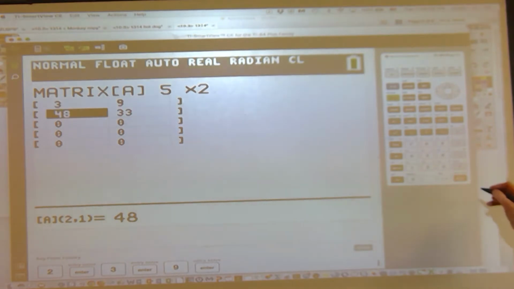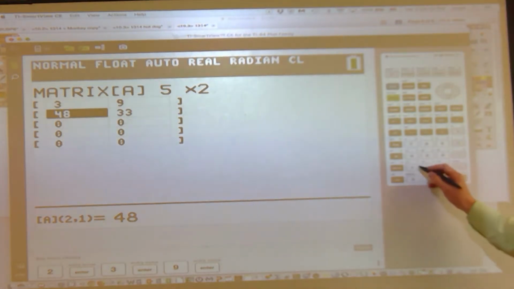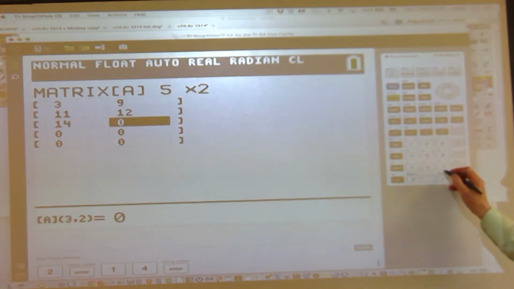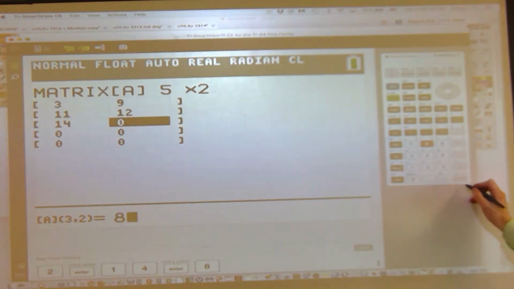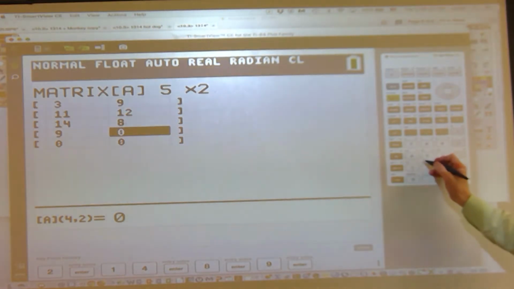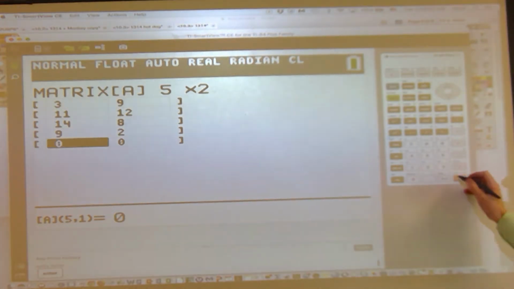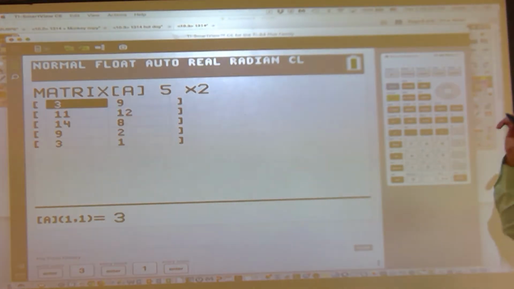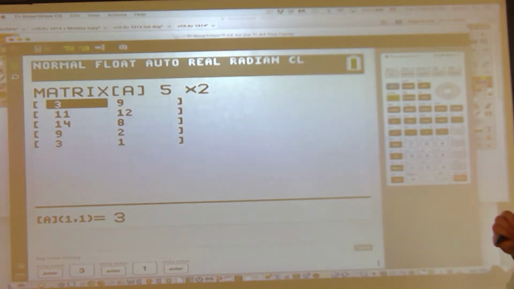Okay, so the A's are 3 and 9. 11, 12, 14, 14, did you say 8? Yes. Okay, 9, 2, and 3, and 1. Alrighty.